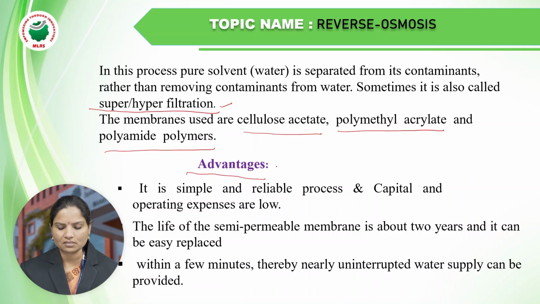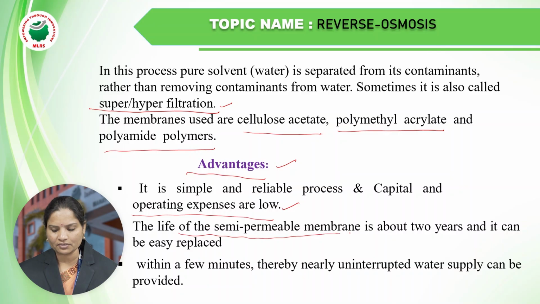What are the advantages of reverse osmosis? It is very simple and easy to set up, it uses no chemical agents, and operating expenses are very low. The semi-permeable membrane lifetime is about 2 years, and it is very easy to replace.